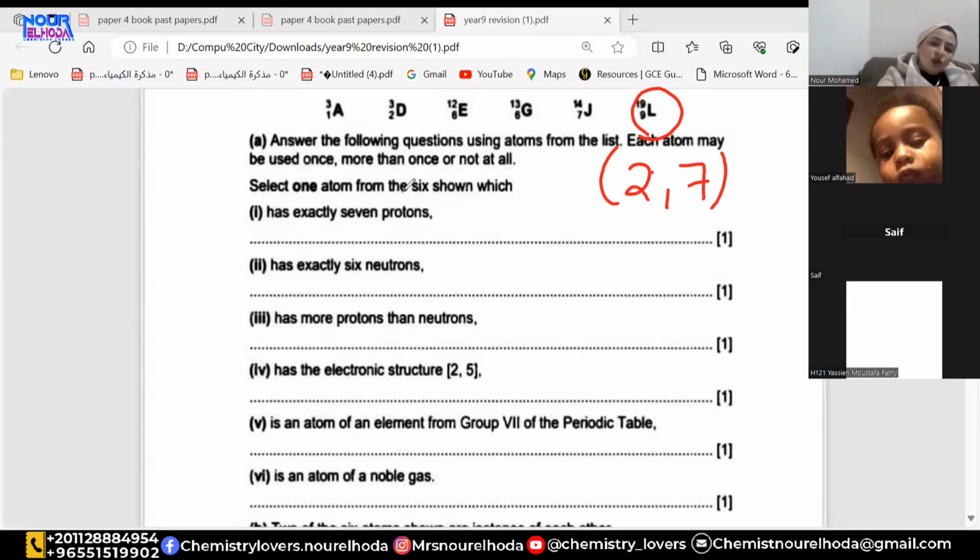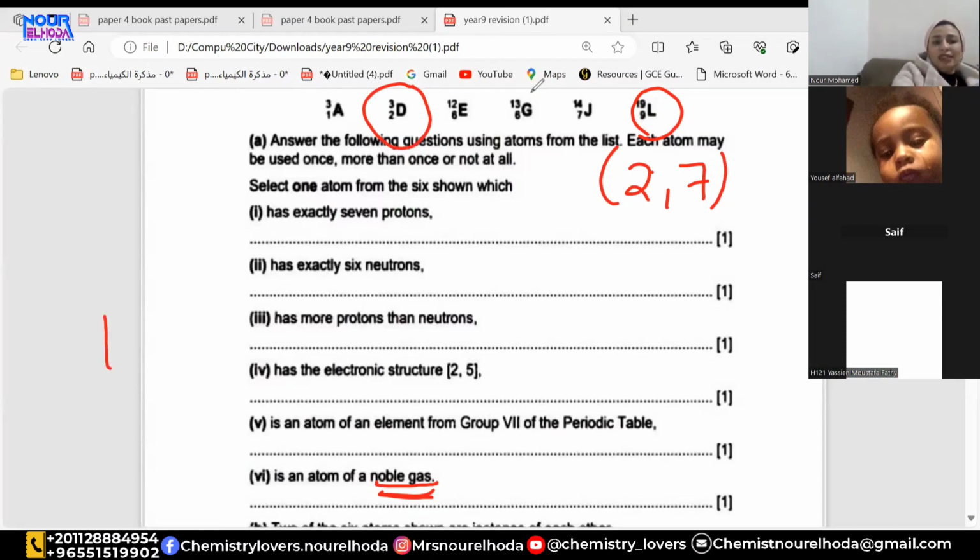Which one is going to be a noble gas? To be a noble gas, this means the outer shell is completely full of electrons. So you will choose from the periodic table the last group. The last group is going to have a full outer shell for sure. So I'm going to choose D, because D has 2 electrons.